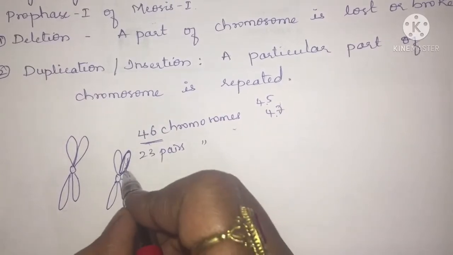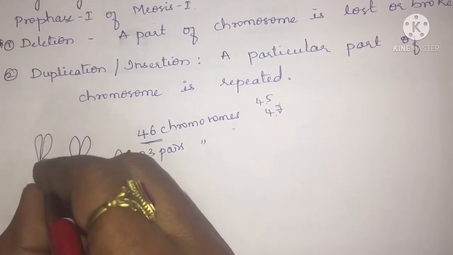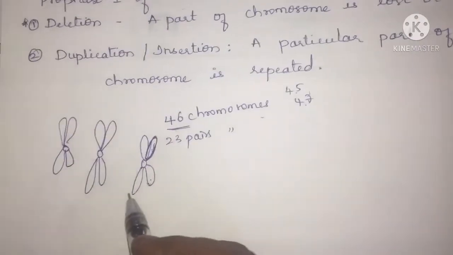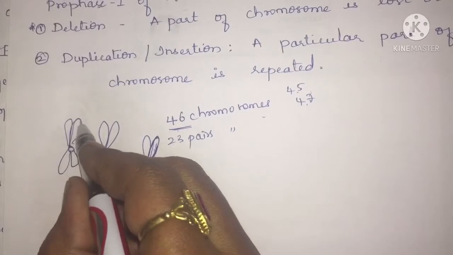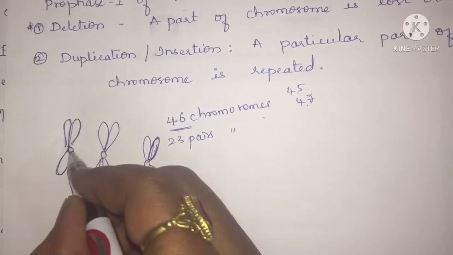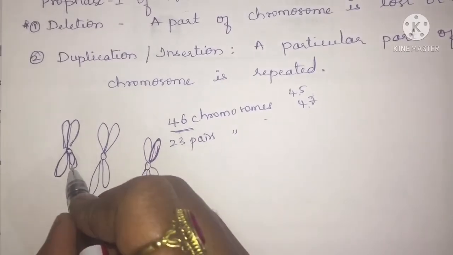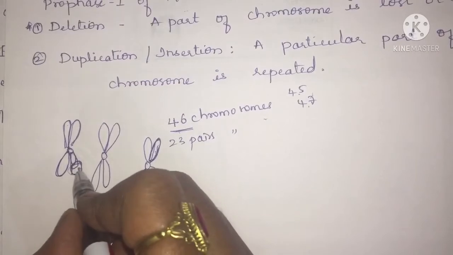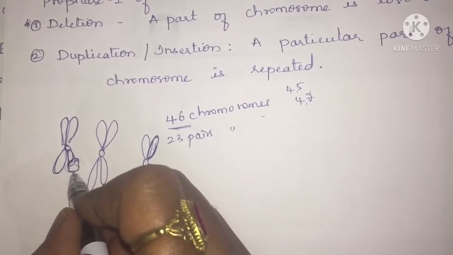Or it might appear like this in another chromosome. Here both chromatids are of the same size, but here one is long and another one is short. This is also deletion. This part has been deleted, and because it has been deleted, a lot of information will not be present.